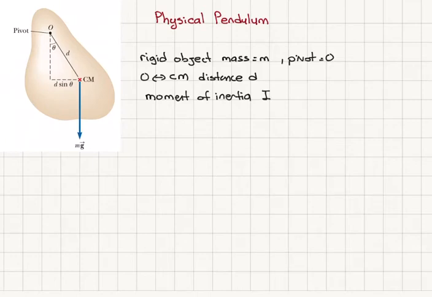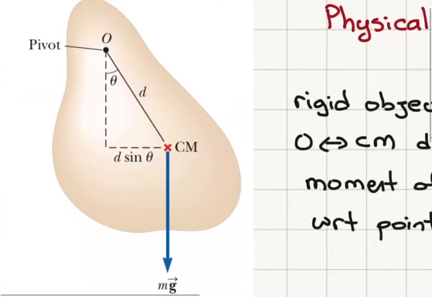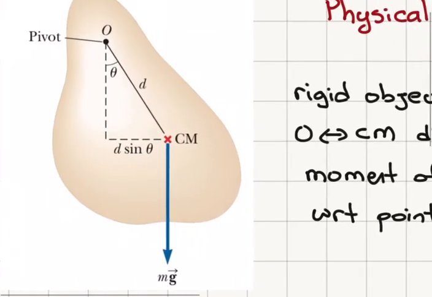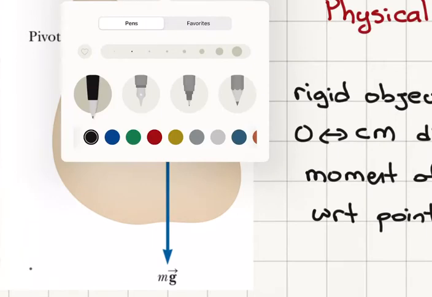And I call the moment of inertia with respect to this pivot point for rotations around a fixed axis going through the pivot point, I, that's with respect to point O, the pivot point.